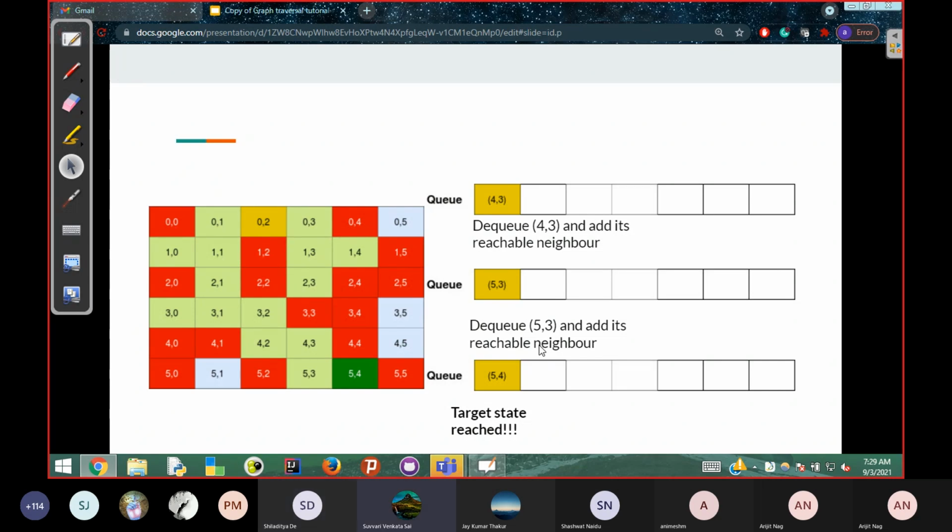No, no. Suppose you take this example, and 5-0 is your target state. You will encounter a point where there is no element in the queue and you have not discovered 5-0.